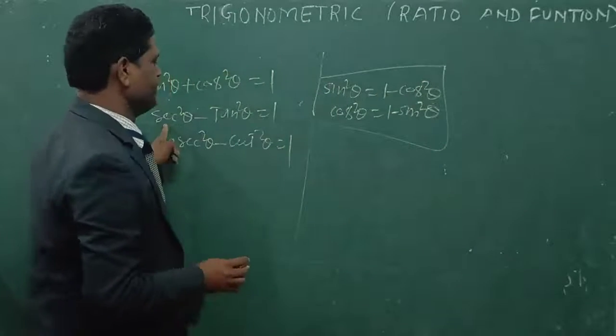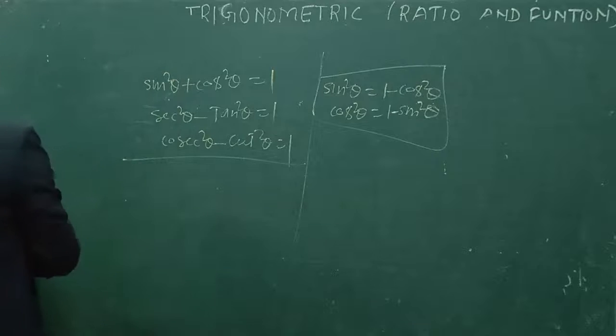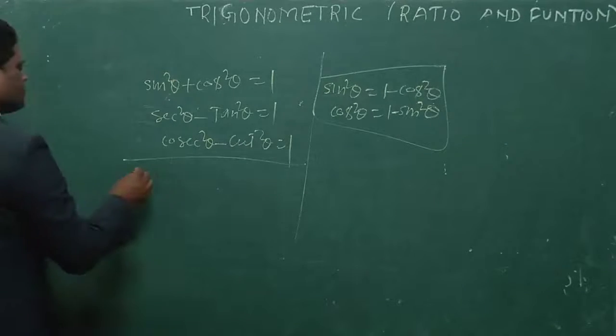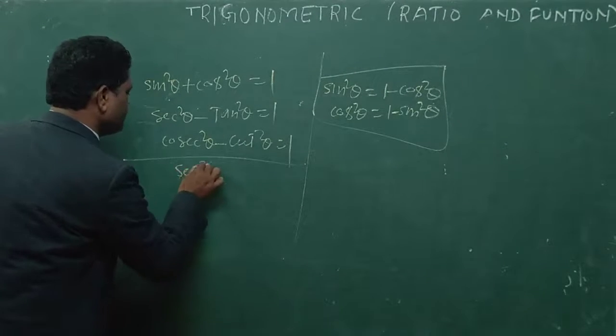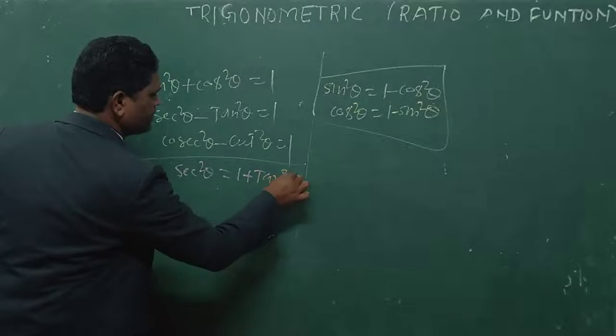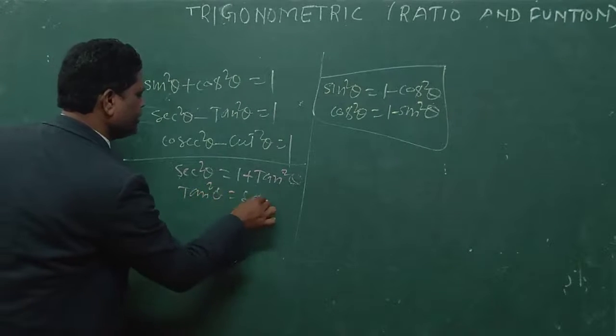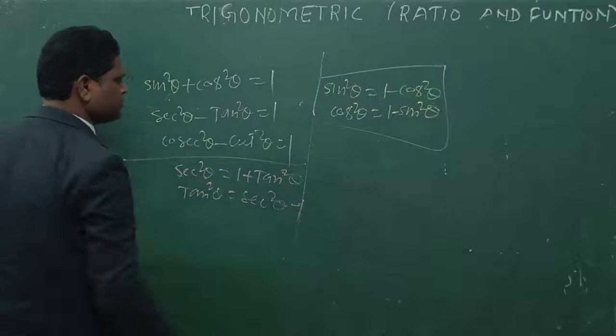Sec square theta equals 1 plus tan square theta, so tan square theta equals sec square theta minus 1.